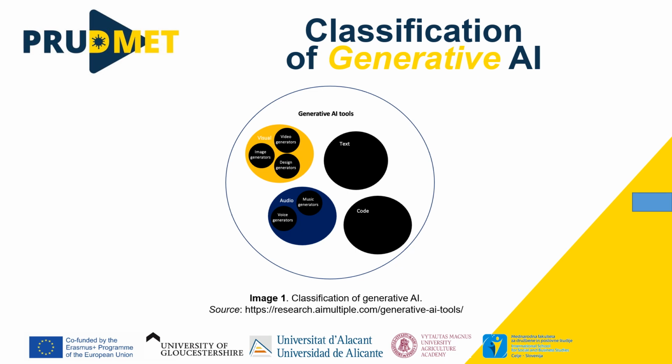The bubble represents four smaller bubbles that entail generative AI tools that cover four types: visual, audio, text, and code, as seen in this image. Specifically, visual tools cover image design and video generators. Audio tools entail voice and music generators.